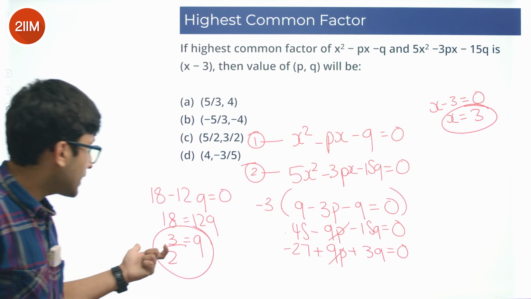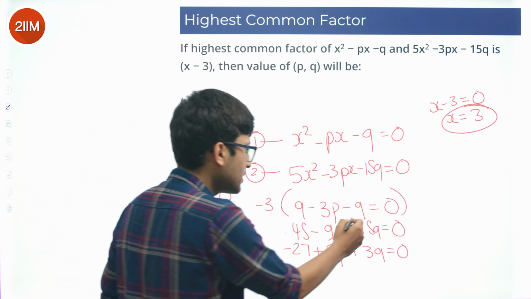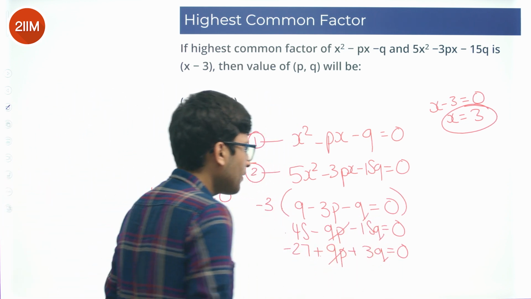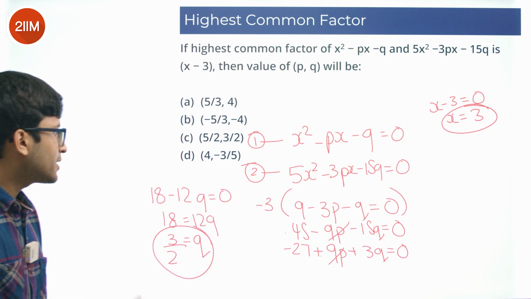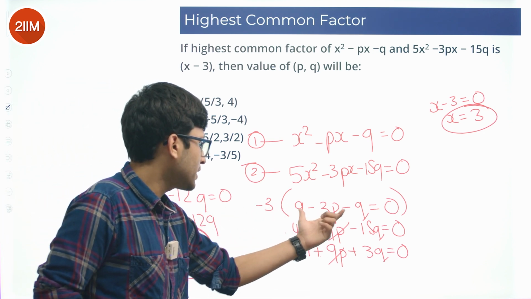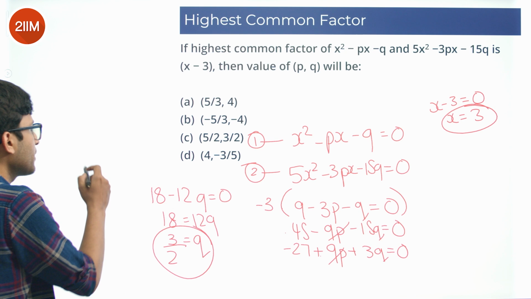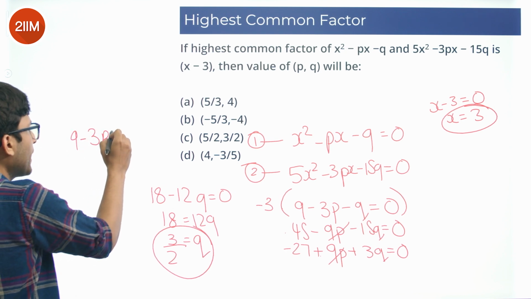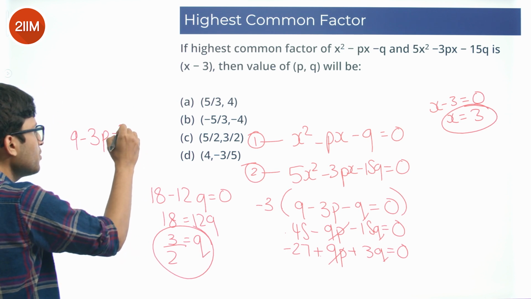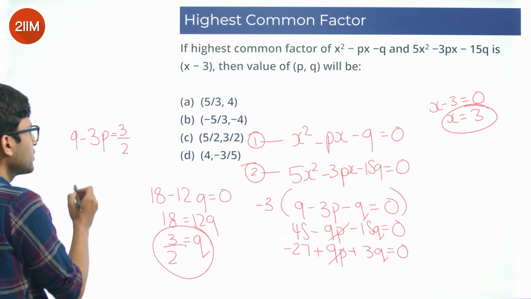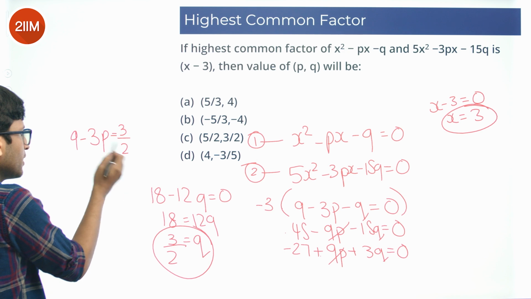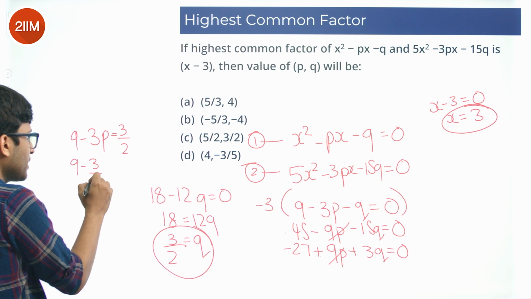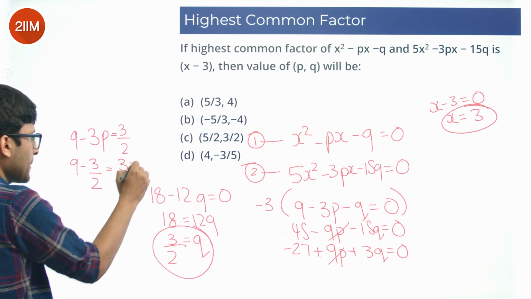Now after getting the value of q, I can substitute it in any of the equations. Let us substitute it in this equation. I would be getting 9 minus 3p minus q, which is 3 by 2, as equal to 0. So what I can do is 9 minus 3 by 2 is equal to 3p.